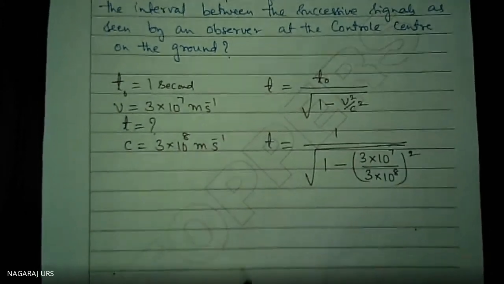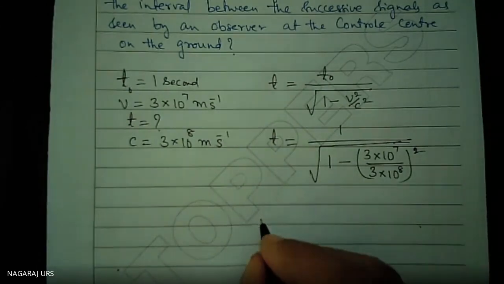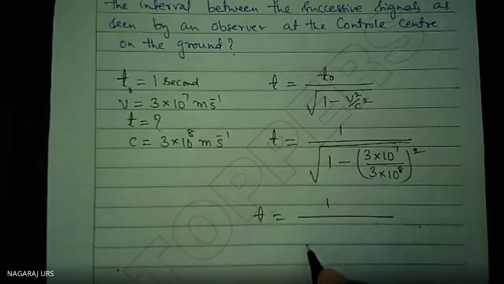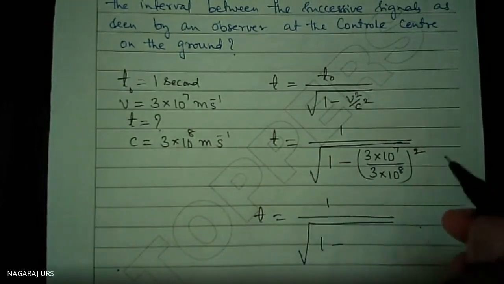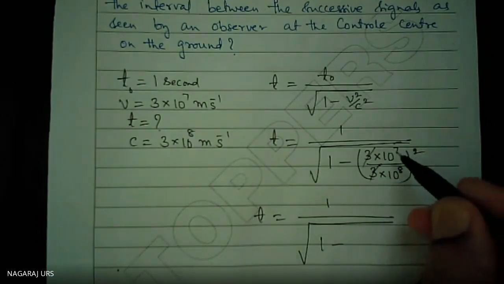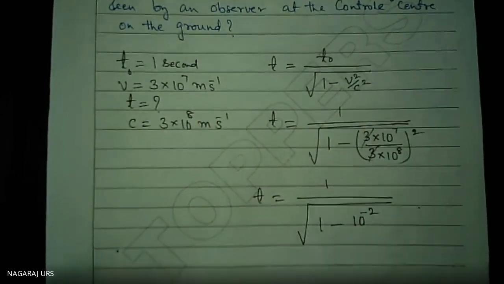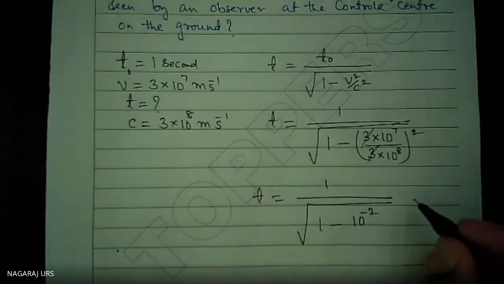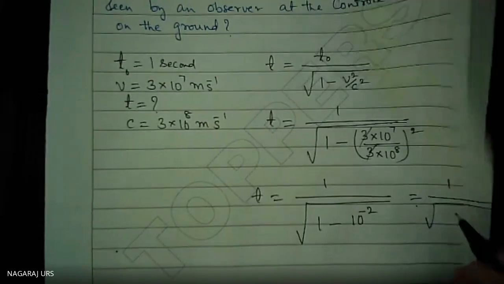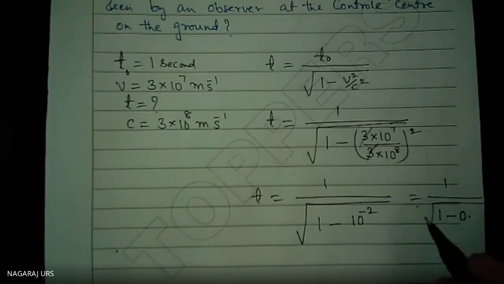The 3 gets cancelled, and you will get 10 to the power minus 1 here, 10 to the power of minus 2 means 0.01.